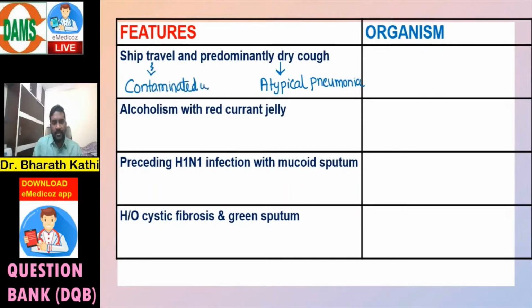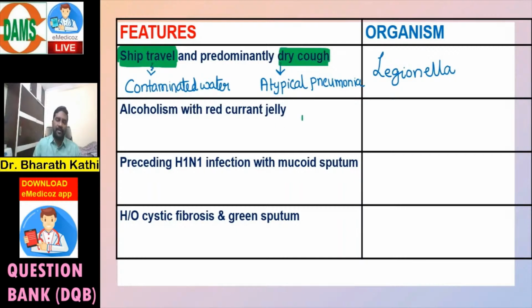And what is the organism that is spread through contaminated water and can cause atypical pneumonia? The answer here will be Legionella. So if you find a clinical scenario telling you that the patient has a history of ship travel, and later presented with atypical pneumonia, the probable organism is Legionella.